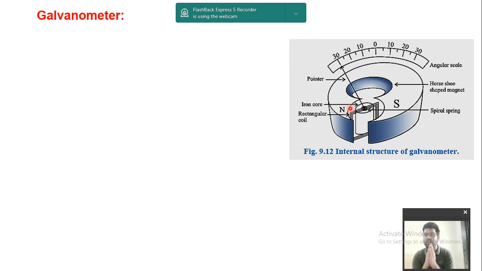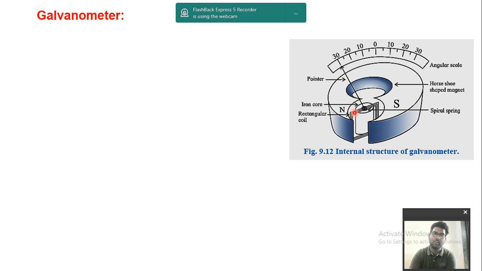Now you also know that when a current is passed through a rectangular coil, the coil deflects, and this deflection is observed with the help of this pointer attached here, which is the pointer that we see in the galvanometer. Now the larger the value of current, the larger will be the deflection of the galvanometer.